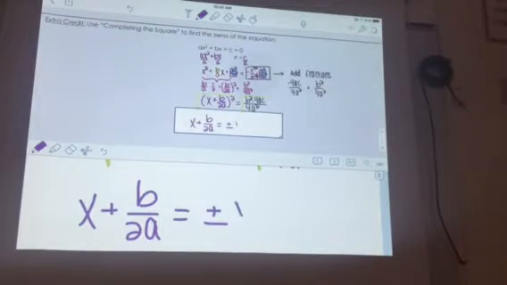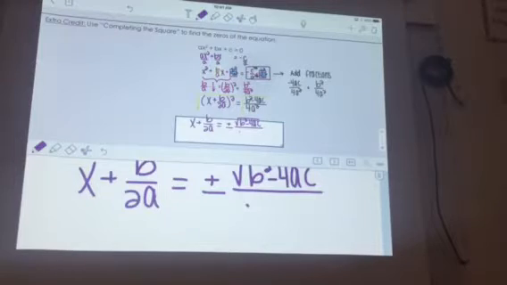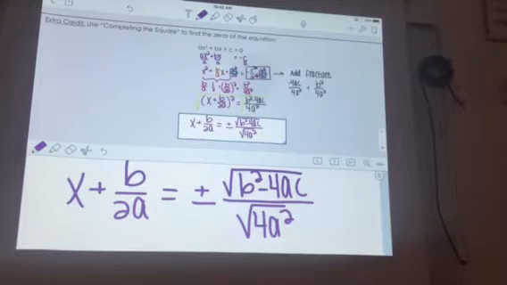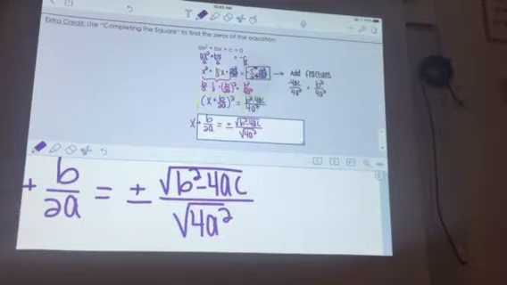So on top we'd have the square root of b squared minus 4ac, and on the bottom we've got the square root of 4a squared. That denominator though actually simplifies. The square root of 4a squared, you could take the square root of 4 and just get 2, and the square root of a squared is a.